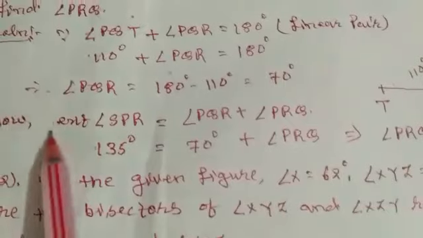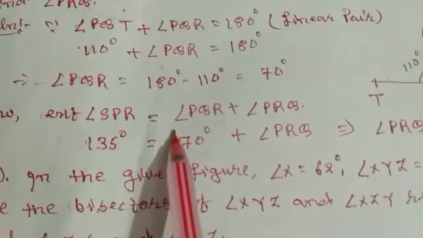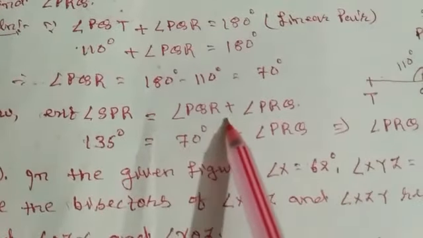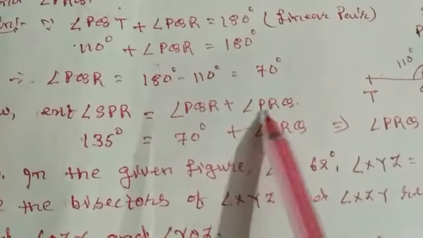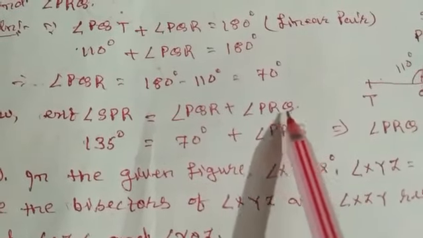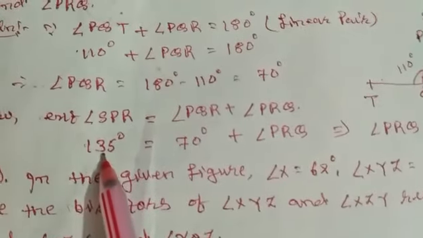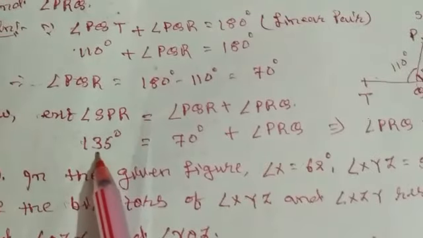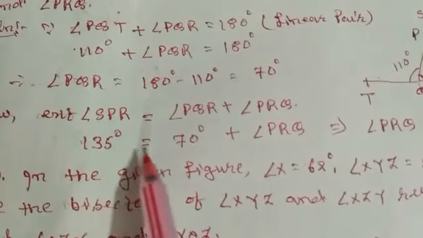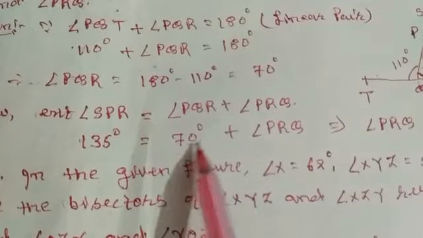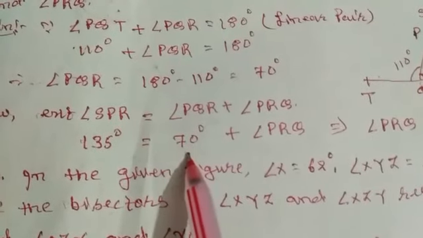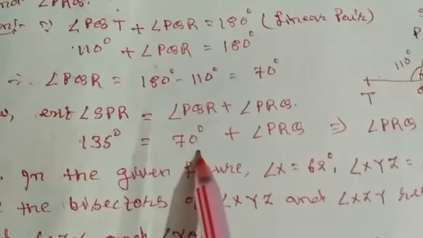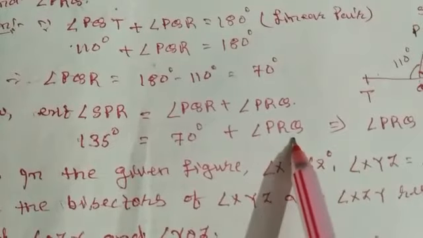We have the measurement of angle SPR, 135 degree, given, and angle PQR we have found to be 70 degree, plus angle PRQ.